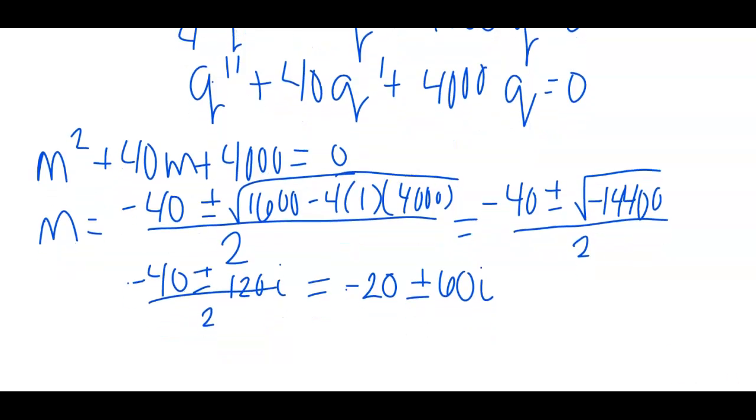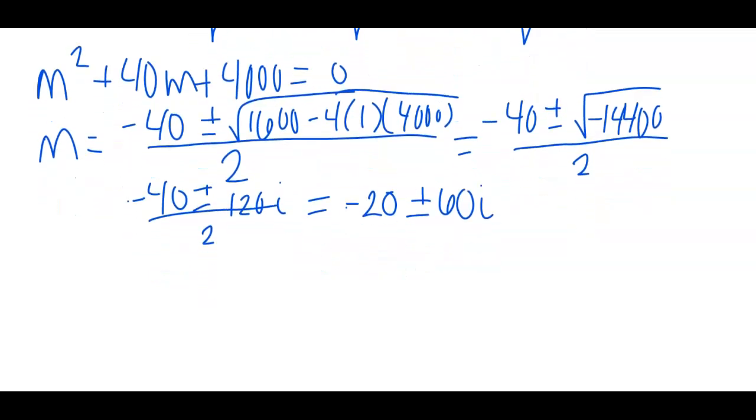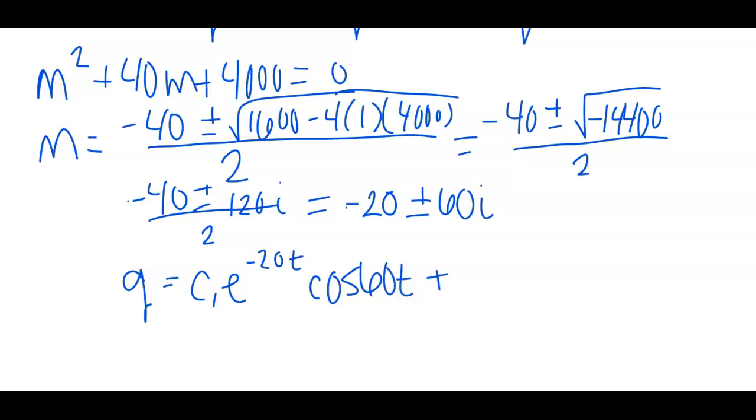Therefore, our equation for Q is, let's write a C1 in front of that, C1 e to the negative 20t cosine 60t plus C2 e to the negative 20t sine of 60t.